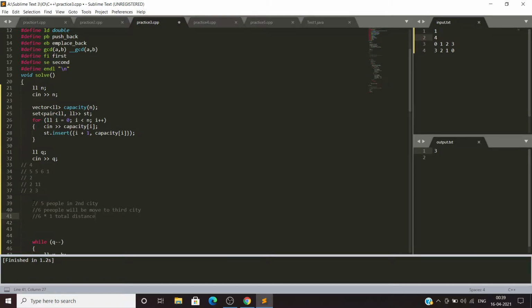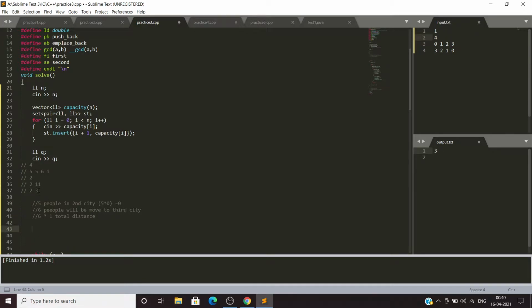As 5 people have settled down in the city where they were put, the distance traveled is 5 into 0, which is equal to 0. It means they have not moved any distance, but 6 people have moved to the third city, so they have moved a total of 1 distance each, and there are 6 people, so the total answer is 6.